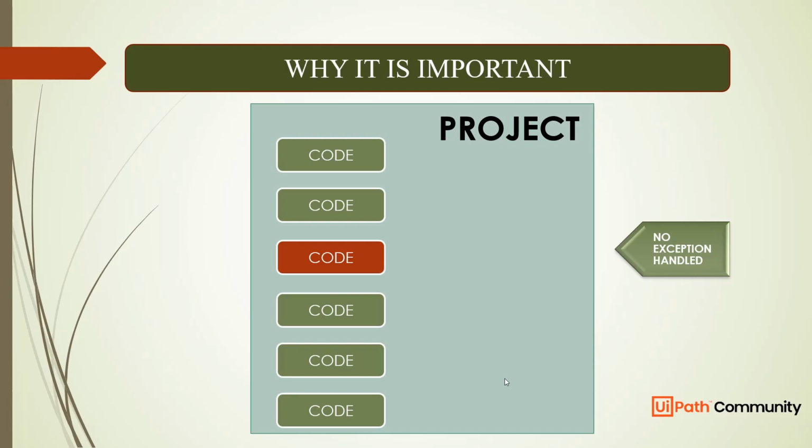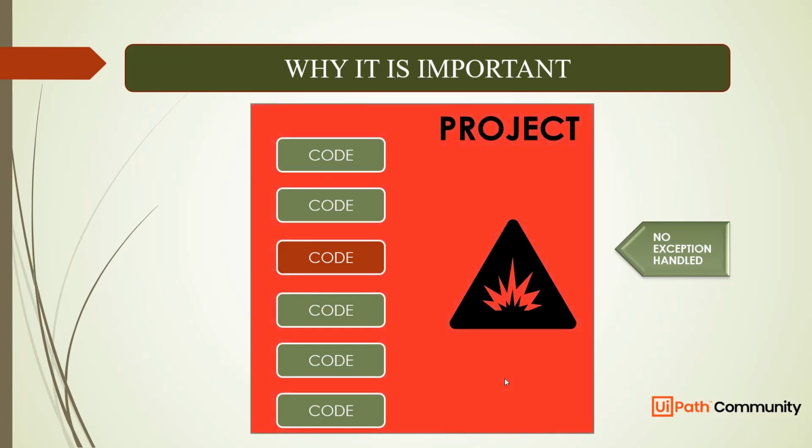But the point I am trying to make is that if no exception handling is done in the project and any piece of the code breaks, your entire automation will stop at that point and will not continue further.